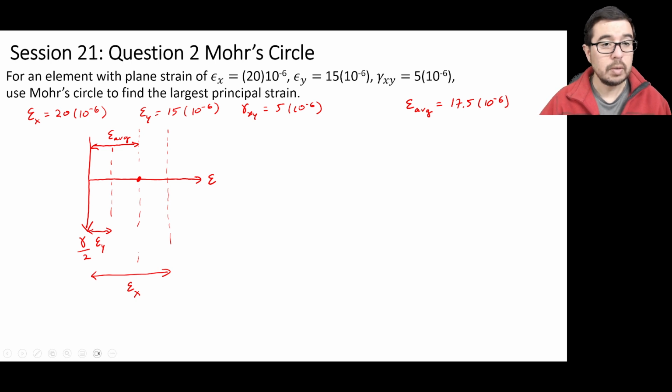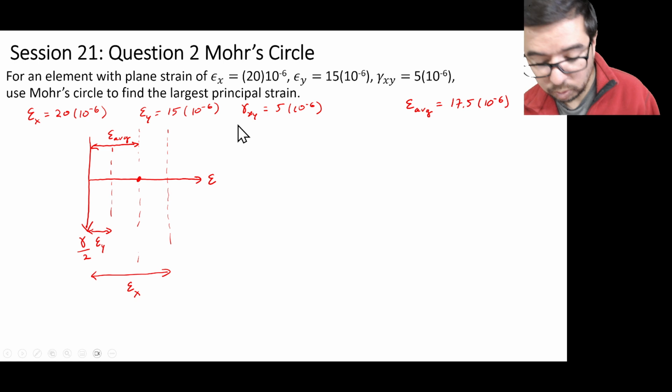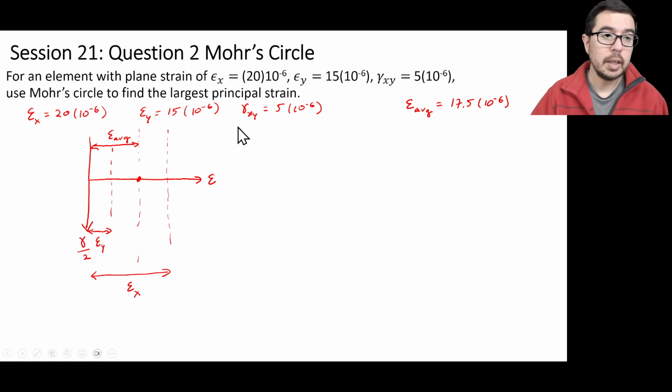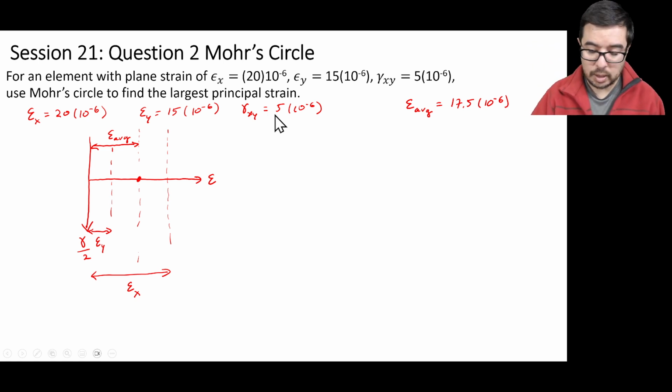Okay, so we're going to use the epsilon x and our epsilon y appropriately, as we've seen here, with our gamma xy. Now this is gamma xy equals 5. So gamma xy over 2 would be this divided by 2, right?